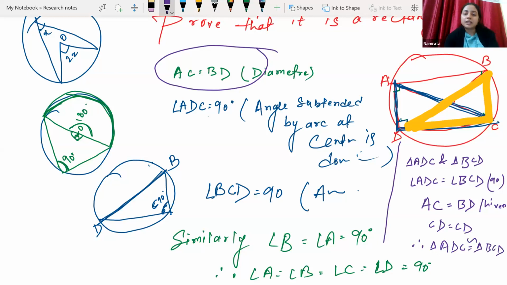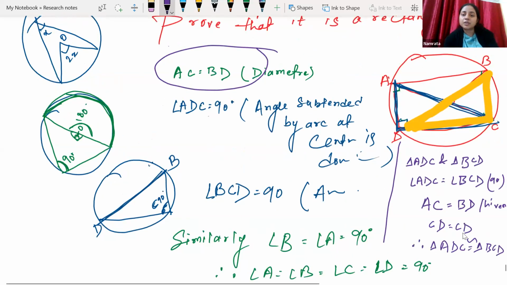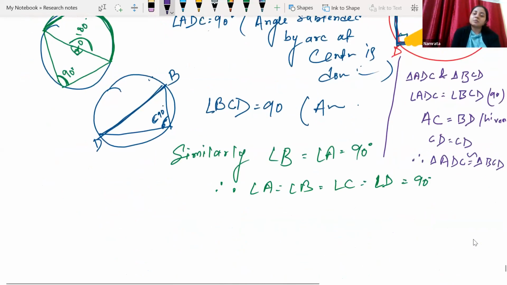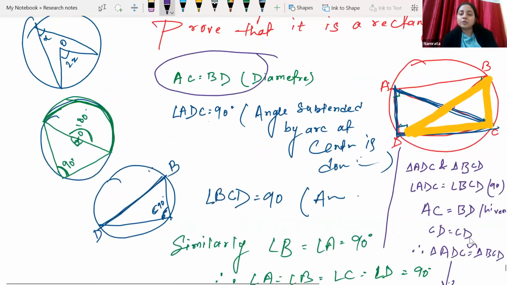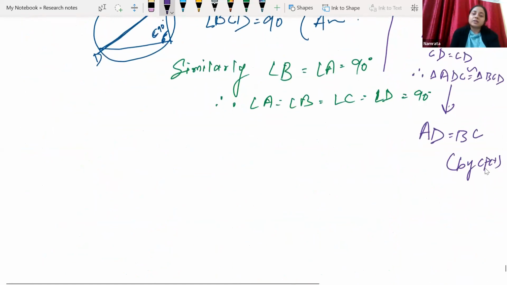Okay. And hence we can say from here that side AD and side BC will be the same by CPCT. And therefore, if opposite sides AD and BC we have shown are the same, similarly we can say AB and DC will also be the same, and hence it's a rectangle, right?